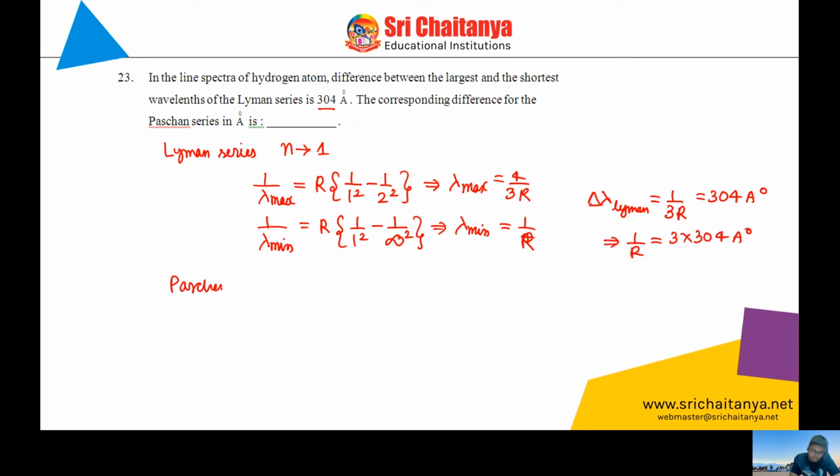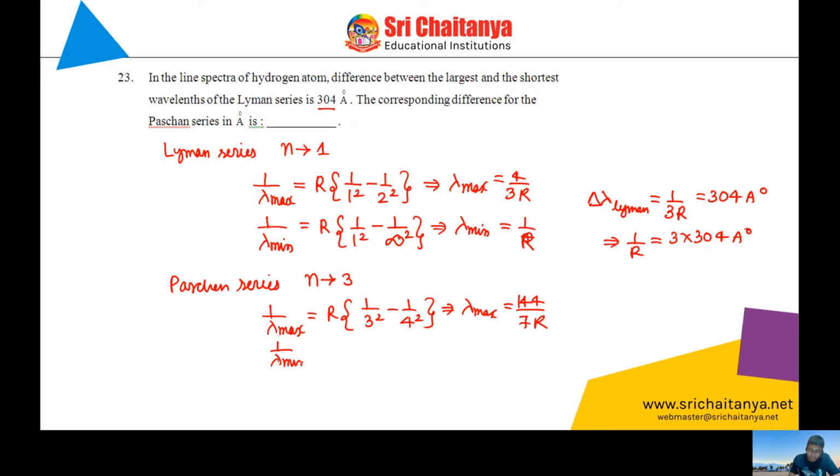So in Paschen series, the final state of the transition is n equal to 3. The final principal quantum number has to be equal to 3. So in that case, 1 by lambda maximum here would be R into 1 by 3 square minus 1 by 4 square, and this will give us lambda max equal to 144 by 7R. Similarly when you calculate 1 by lambda minimum, you will get R into 1 by 3 square minus 1 by infinity square.